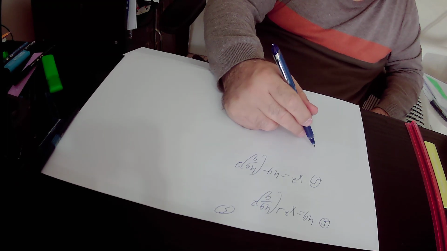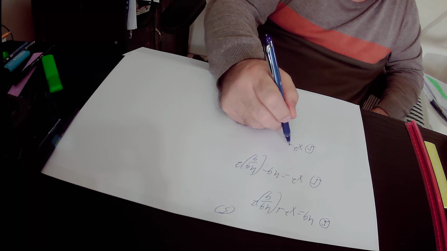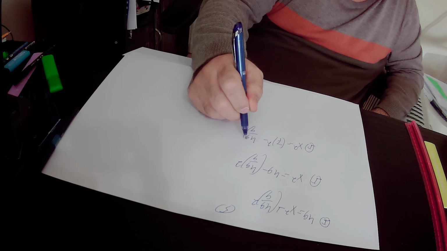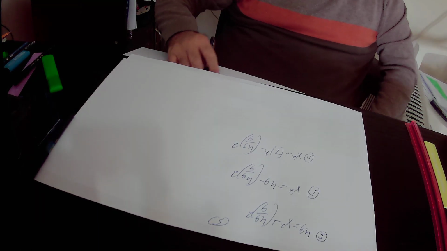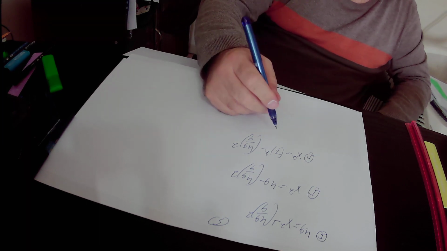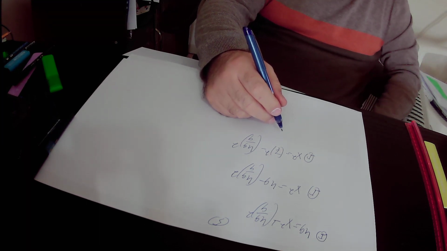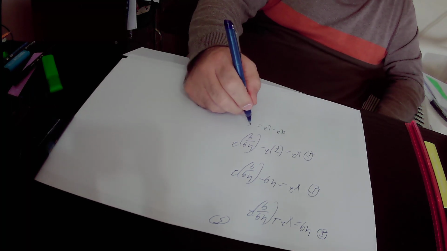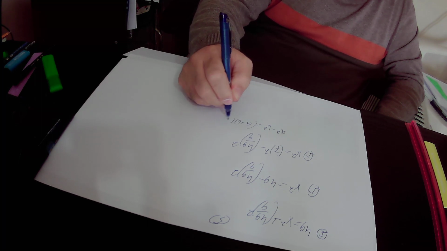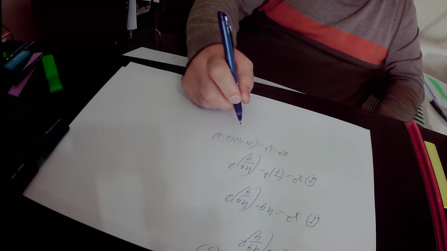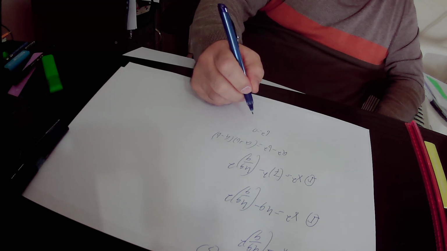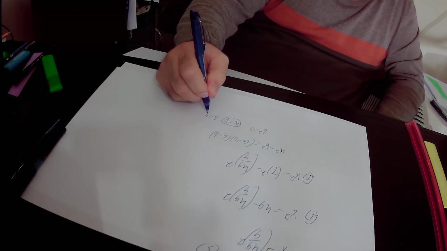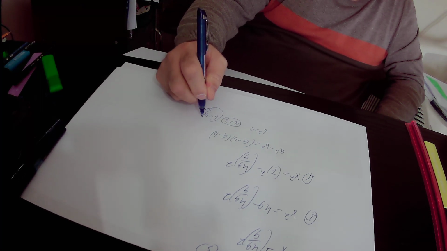49 is 7 squared, so I write it down. So x squared equals to 7 squared minus (49 over 9) squared. So here we'll use the algebraic identity that a squared minus b squared equals to (a plus b)(a minus b). Here a equals to 7, and b equals to 49 over 9.